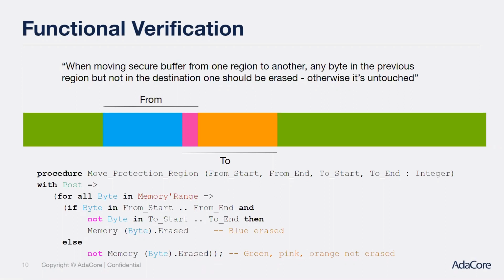That very specific piece of code, however, is expressing a requirement on the entire memory. So as a matter of fact, running this every time I'm doing a move is going to be very slow. I might want to be able to test that on a few specific cases, just to get confidence on the fact that this post condition works. I can even debug it if I want. But the real power here is that I have been able to express a requirement on the entire memory, and I can verify formally, mathematically, that the implementation of that procedure, which looks nothing like that, right?